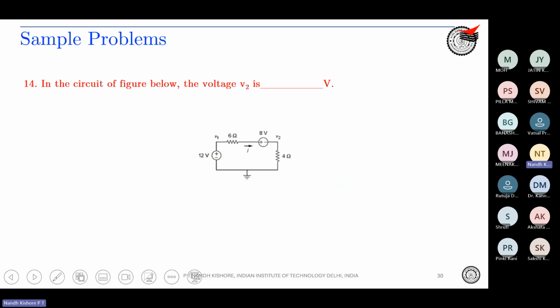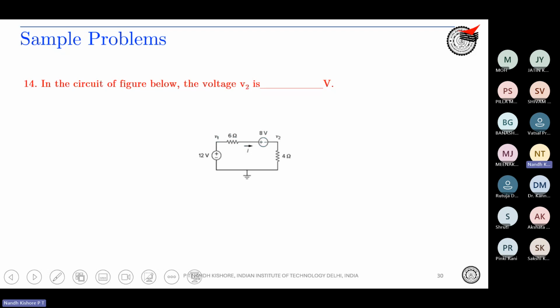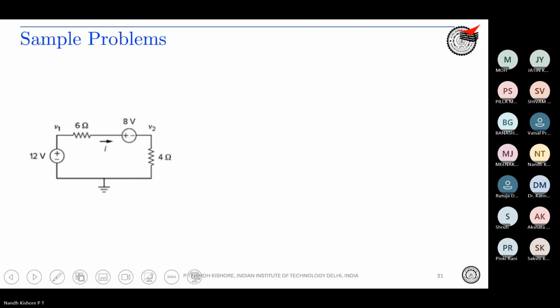Okay, so the next question is pretty simple. In the circuit of the figure below, the voltage V2 is how much? This is a straightforward question. What is the current I? Current is basically (12 minus 8) divided by (6 plus 4), V by I directly.